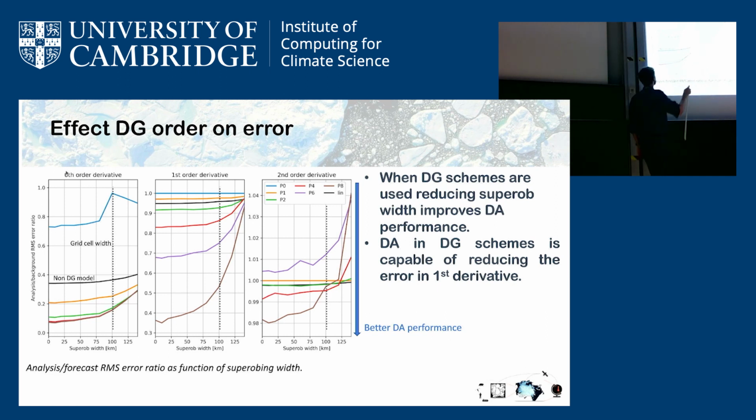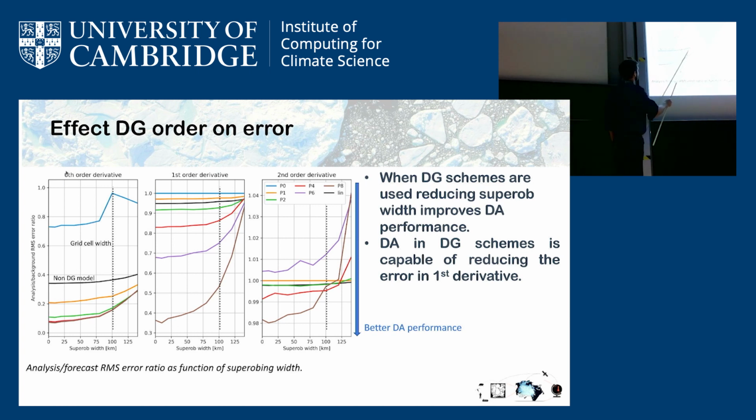So smaller ratios is better DA performance. This is for different super-obbing widths, where a smaller super-ob width means more observations, and for different types of models, with the black line being the setup that represents our current generation of model.